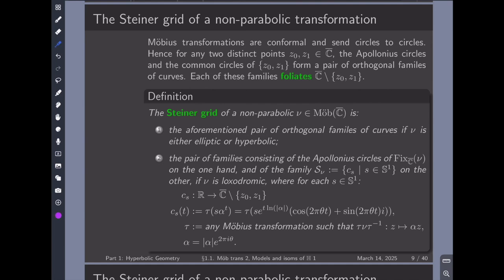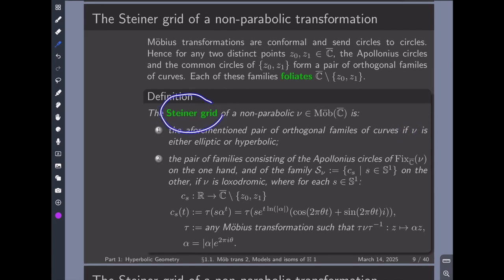So the Steiner grid of a non-parabolic transformation is going to be, in the case if nu is elliptic or hyperbolic, so if nu is conjugate to multiplication by an element of the circle except one, or to multiplication by a positive real number except one, the Steiner grid is just the family consisting of the Apollonius circles and the common circles to the 2 points.